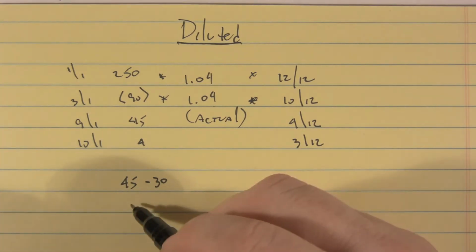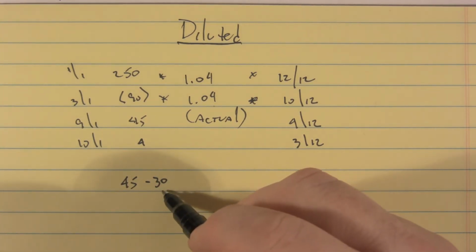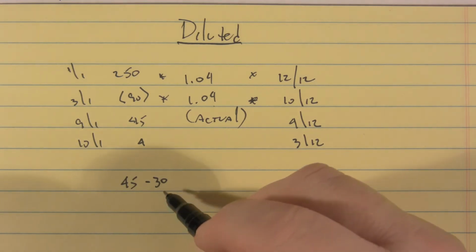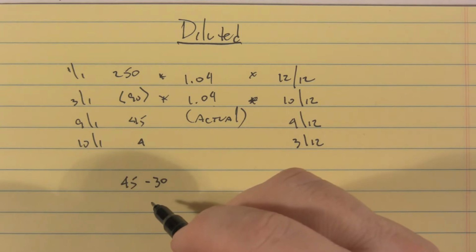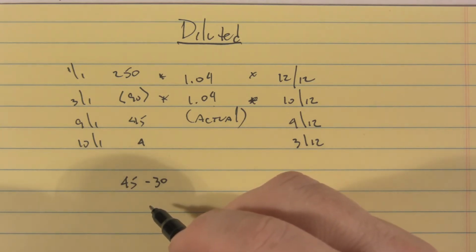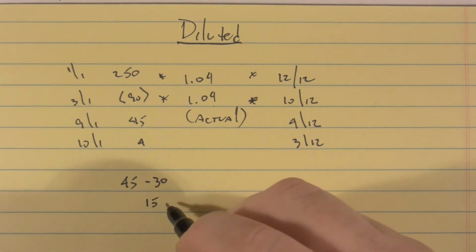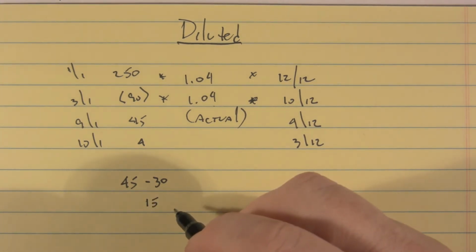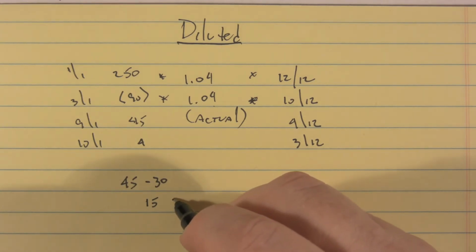So we had 45 million options, that resulted in 30 million shares that we actually would have bought. So there was still 15 million that we didn't account for for 8/12 of the year.